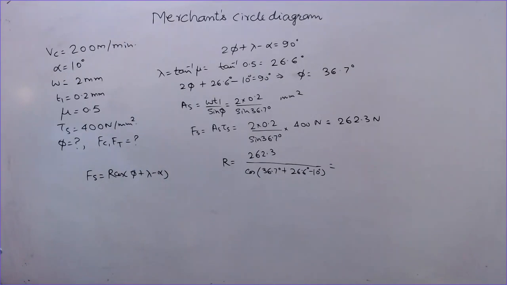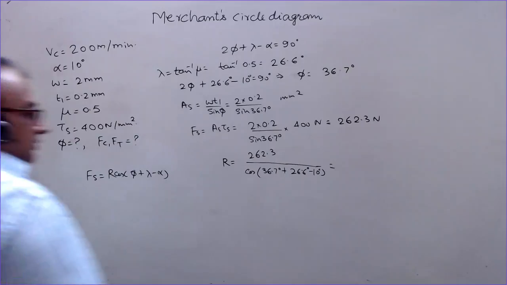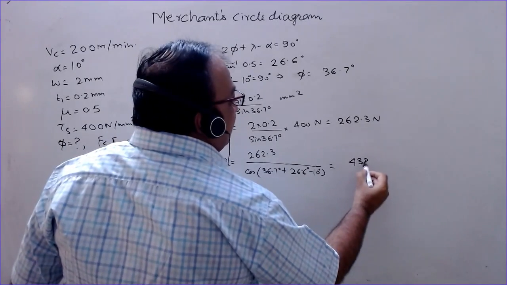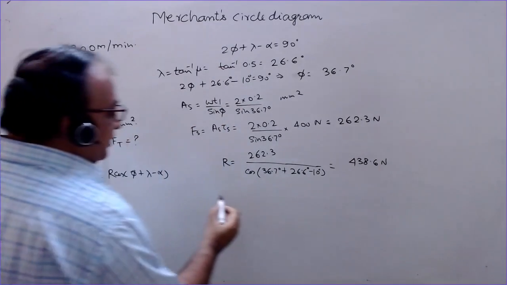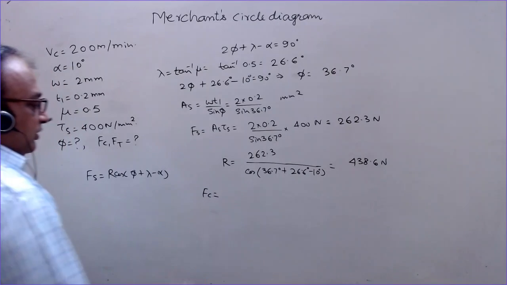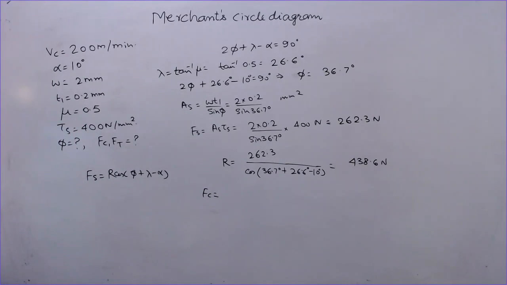So we get this force R is 438.6 Newton, and you know that Fc and Ft are related to R cos phi minus alpha and R sin phi minus alpha.